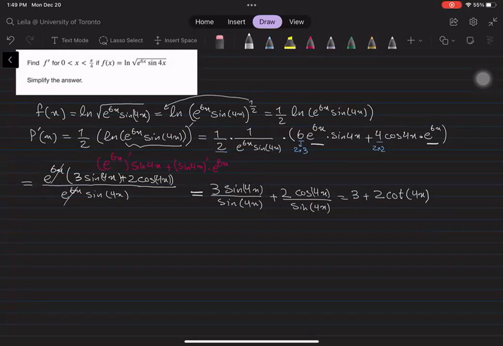I mean, you can do that, but you'll still get the same answer because it's two things multiplied by each other. You would still get the same answer if you separate them.